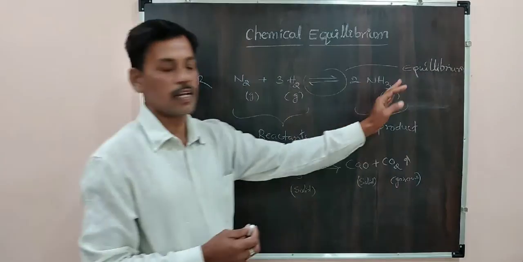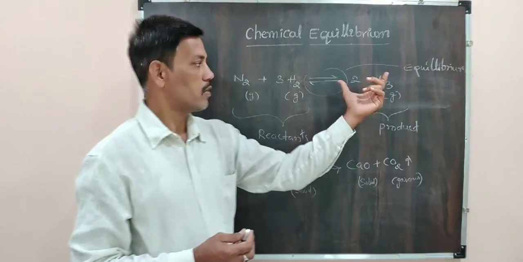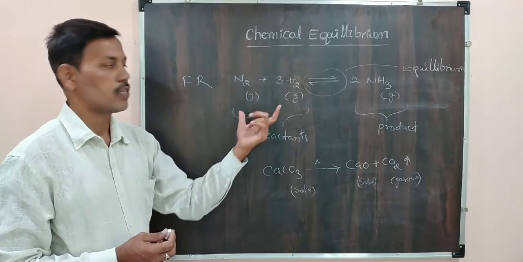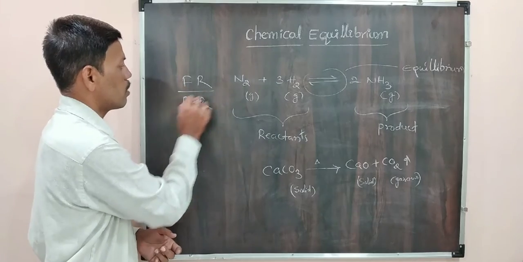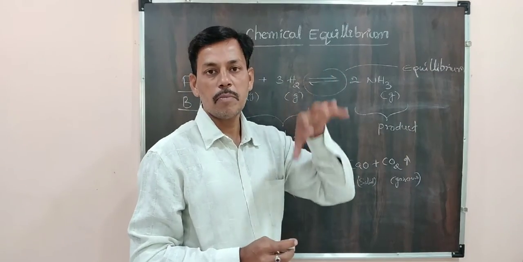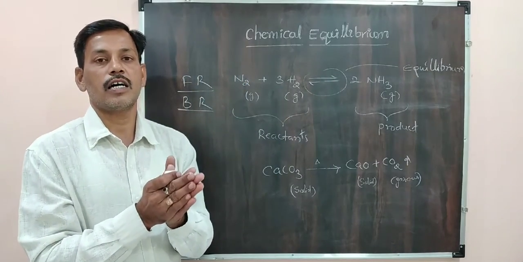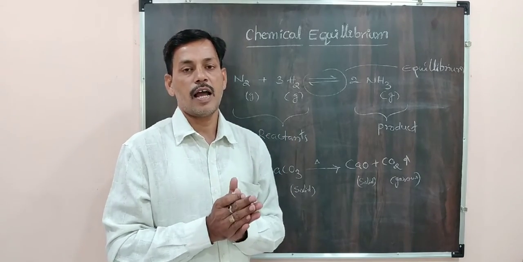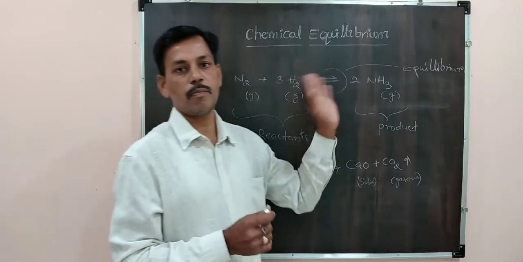Oppositely, reversely, the product concentration decreases and reactant concentration increases. This reaction is called the backward reaction. So here two reactions, forward and backward, are carried out, and both reactions are at the same rate. It will continue at the same rate, and this process is called equilibrium.